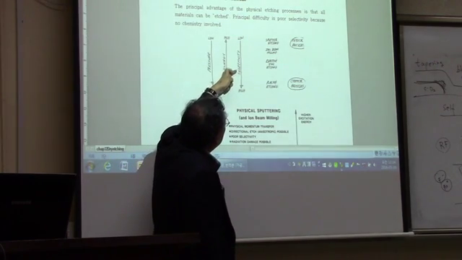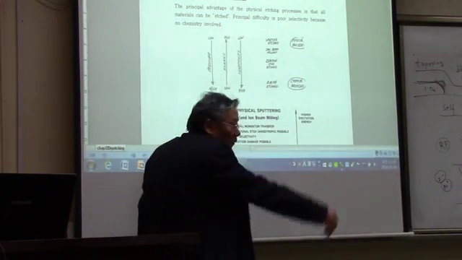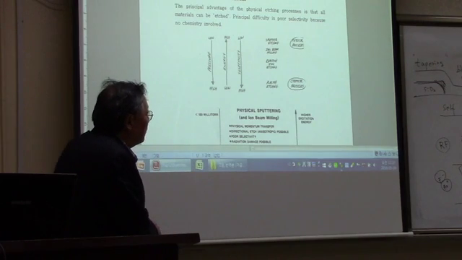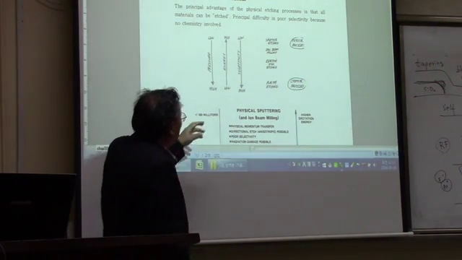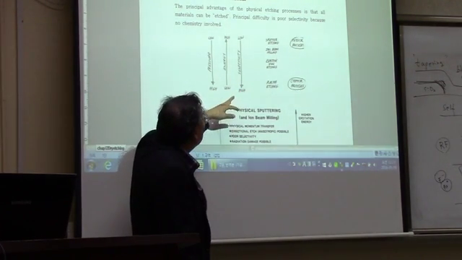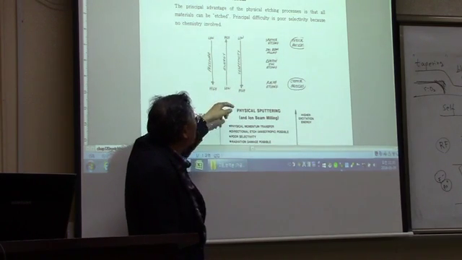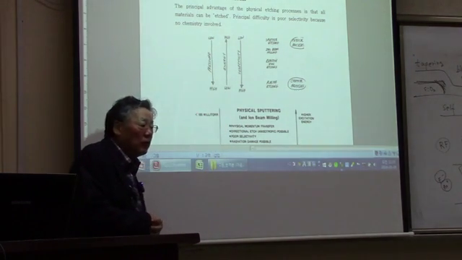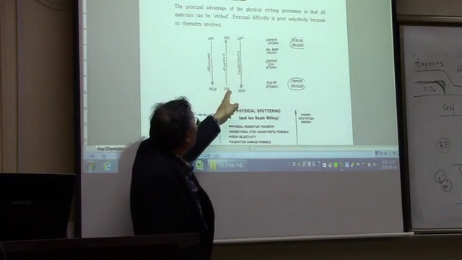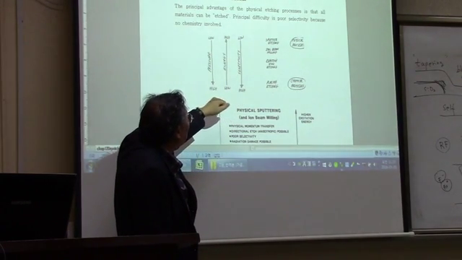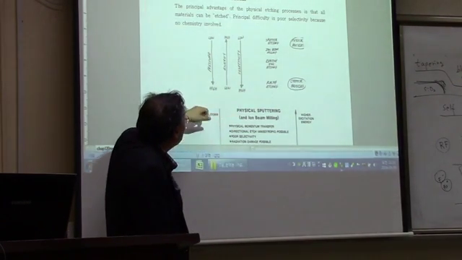Selectivity is pretty bad as you go to the physical process because no chemical reaction is involved. And you need high energies for the physical process, so the vacuum has to be kept high.